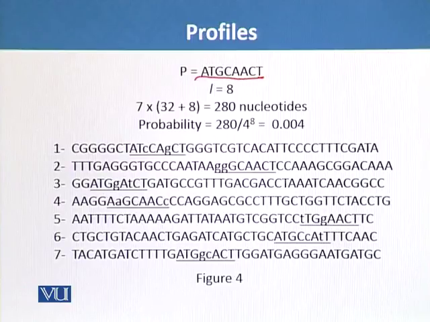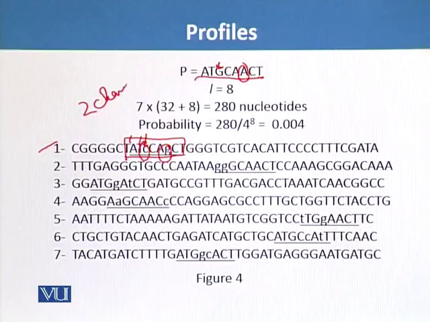In the actual problems, here we can see in the first nucleotide sequence, this is the pattern that we have incorporated, and we can see that it should be G here, but here it is C. And in the 6th element, it is G here, it should be A. So in this way, we can see that there are 2 changes in the conserved region of P in the first sequence of nucleotides.